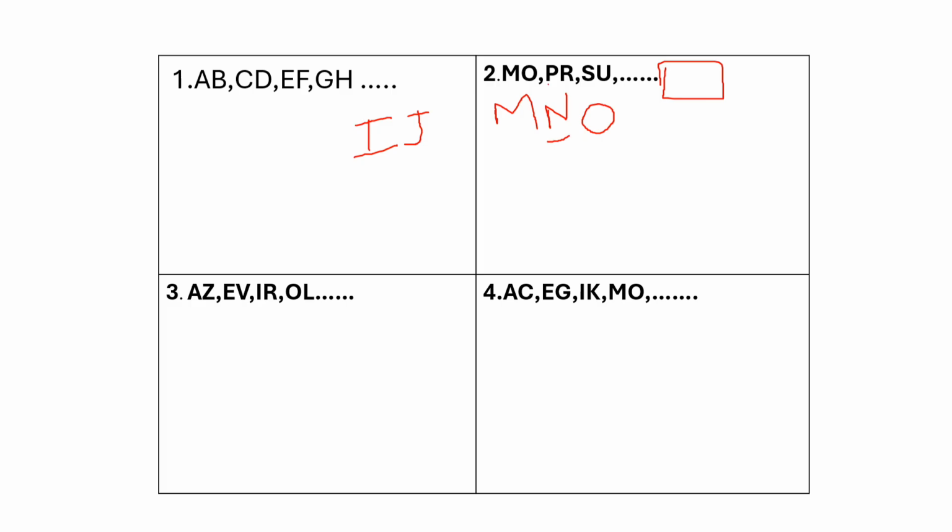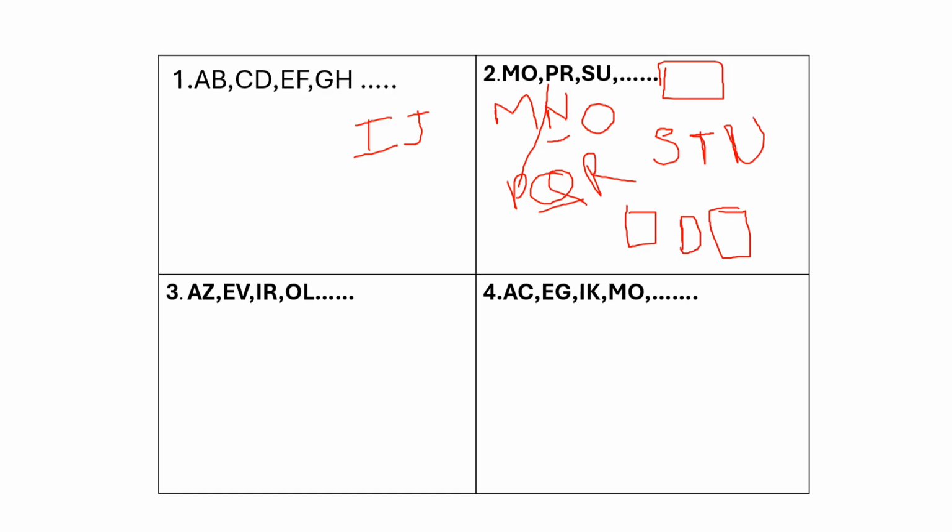Next, P is there, R is there, and Q is in the middle. S is there, U is there, and the middle is T. So one logic is that two letters are there and between them one letter is missing according to the alphabetical series. Okay, this is one logic.